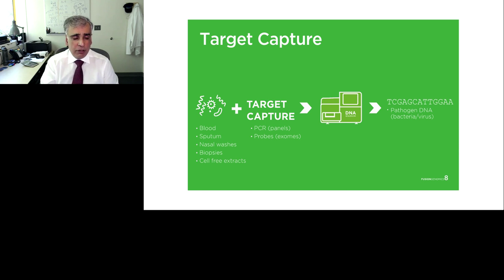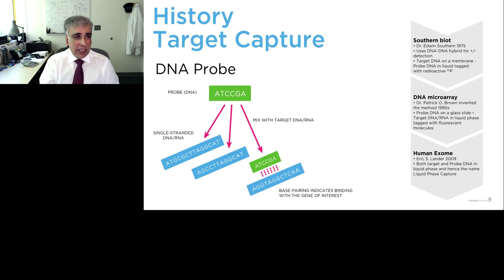So just a refresher is a bit of the history of target capture. Target capture, or complementary DNA hybridization, was first discovered by Dr. Edwin Sutherland in 1975. And Dr. Sutherland actually went and won a Nobel Prize for the discovery.